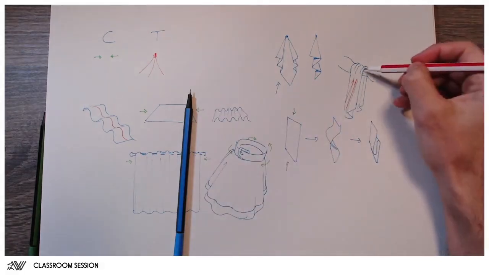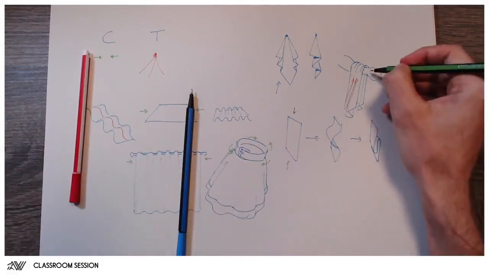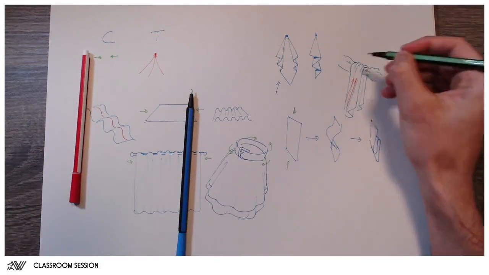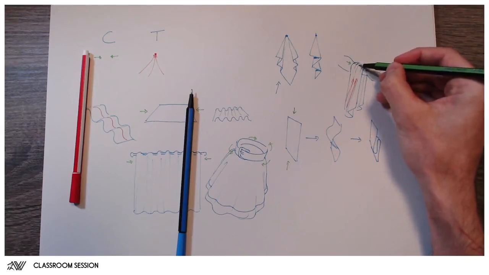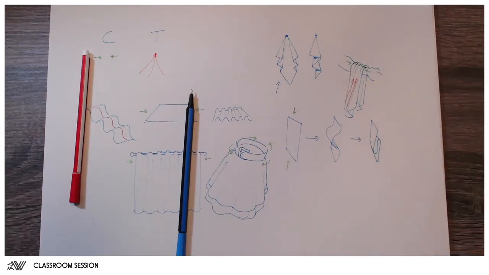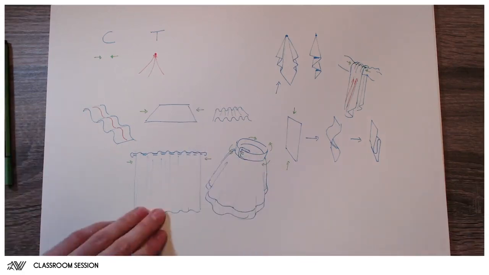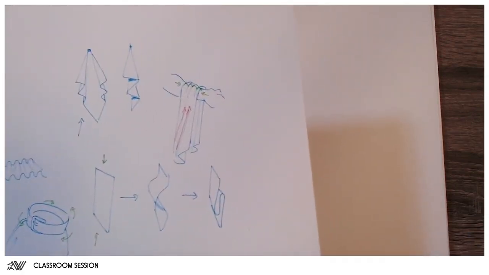But here, the main type of force on the arm is actually the compression from both sides, creating those pipes. All right, let me just zoom in a little so you can see.